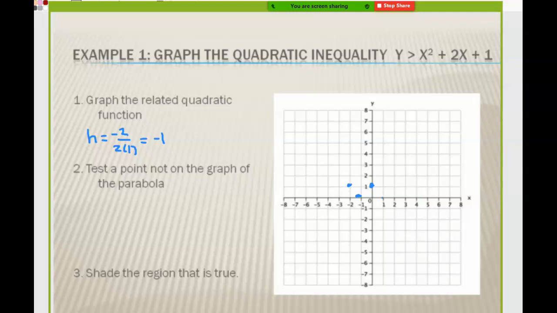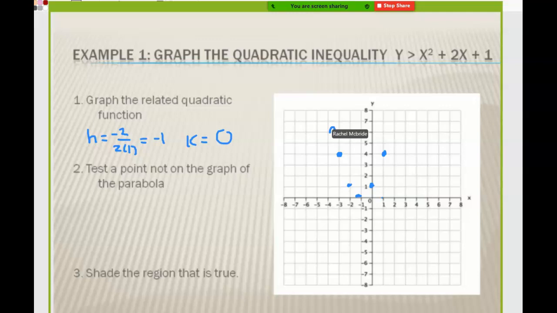And then doing your a(x minus h) squared plus k, it would go 0, 1, and then 4. So 1, 4. And 2 is actually at 9, which would be off my screen.